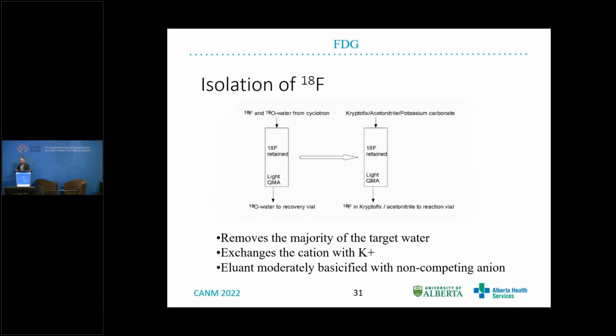So the first step is always to get rid of the water that is from the cyclotron. So you have F18 in usually 3 to 4 milliliters of water. You trap the F18 on a QMA cartridge or an anion cartridge. So most of the water goes right through, and then you can elute it with Kryptofix, acetonitrile, potassium carbonate.